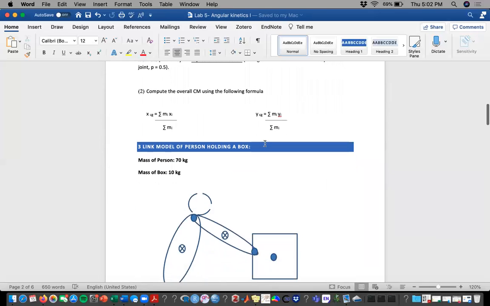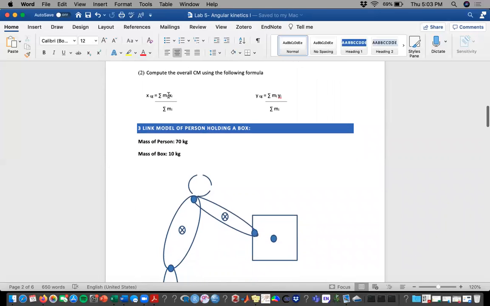I'm also going to take a look at these equations here. So for question 1, we're asked for just one individual segment, but for questions 2 and 3, you're asked to compute the overall center of mass of the person and then the person with the box. So this is going to be useful because this is going to be the x center of gravity or center of mass coordinate of the sum of the individual mass and x coordinates multiplied.